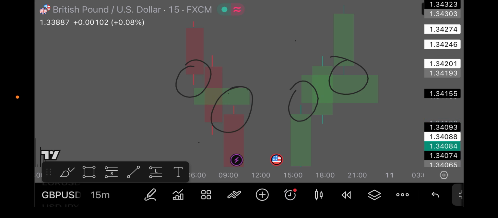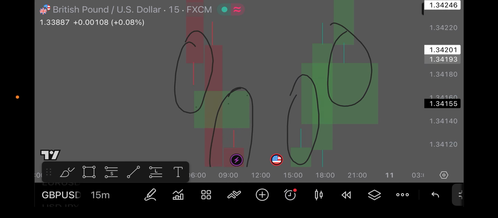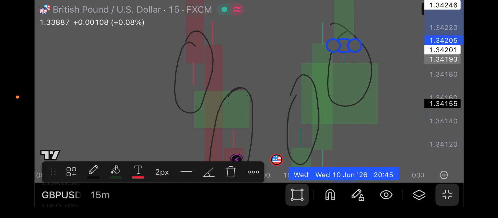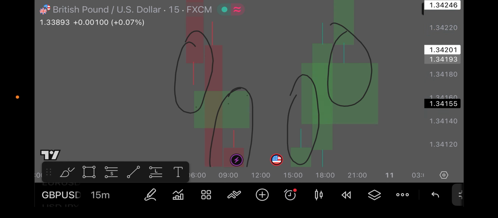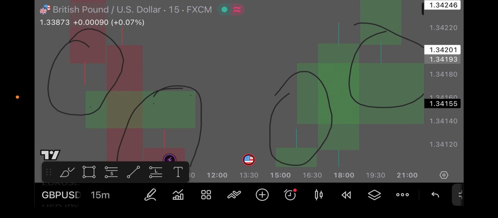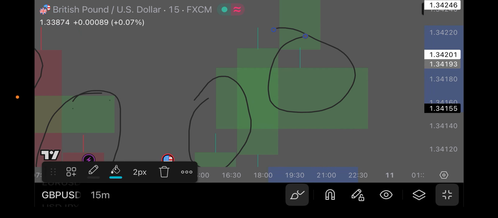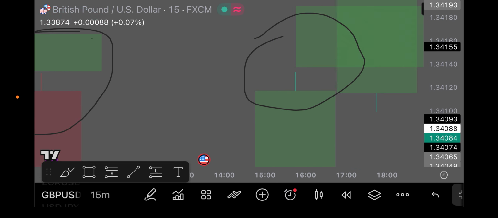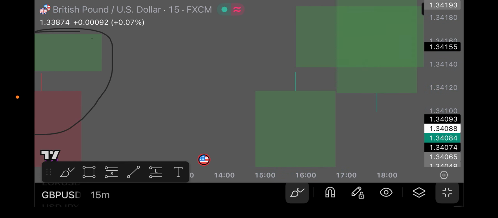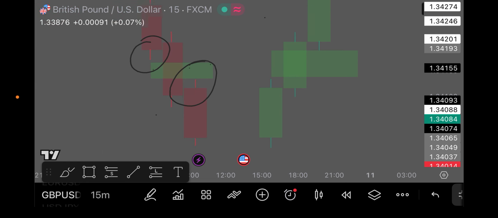So how does this help in our trading, that is in technical analysis? We use it because markets often respect this gap. I hope you understand.